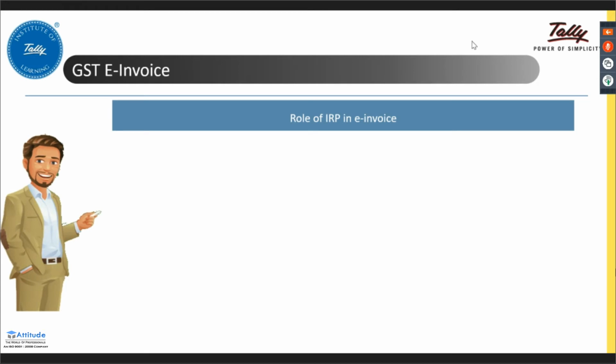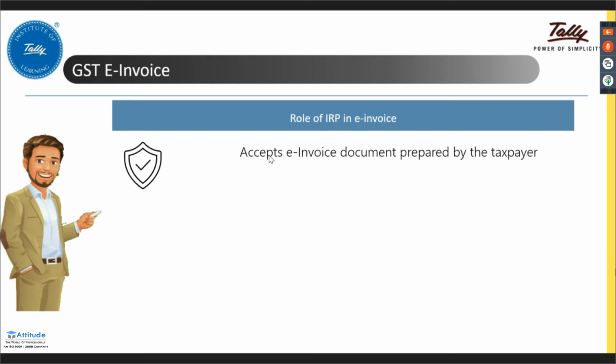Okay, so now comes the role of IRP in e-invoice. I have told you IRP is nothing but the invoice registration portal, through which the dealer must log into that portal and register himself for the first time.